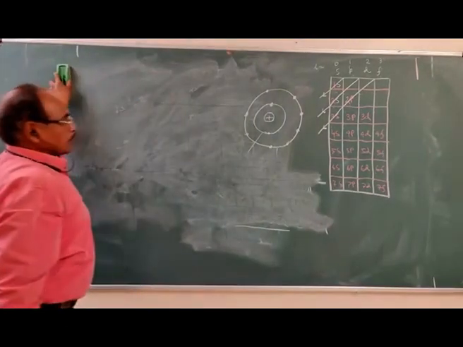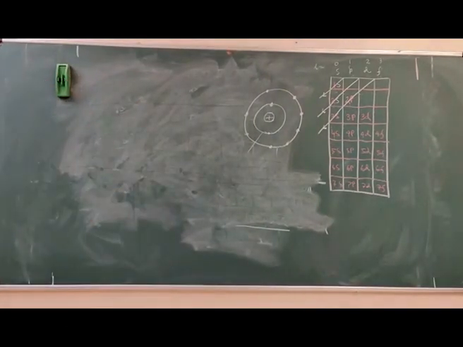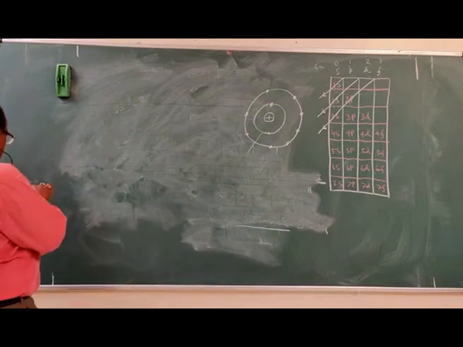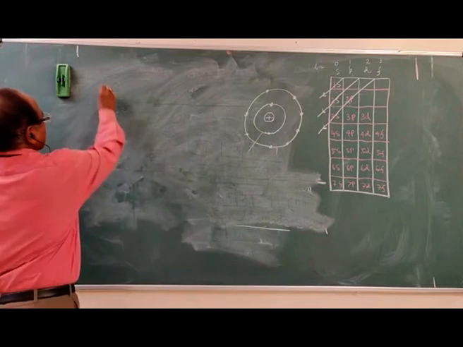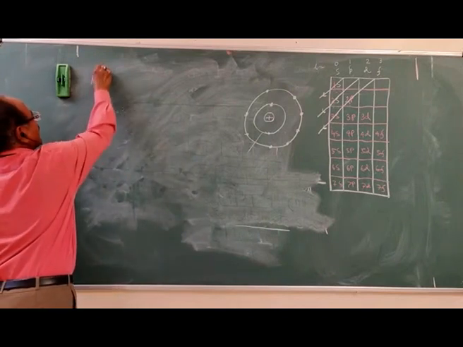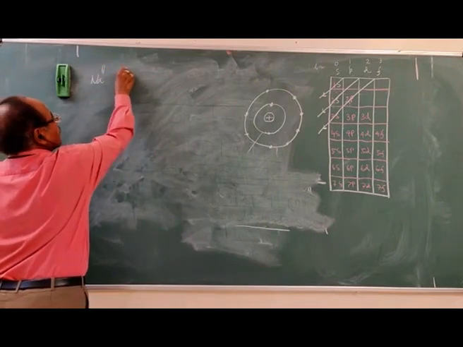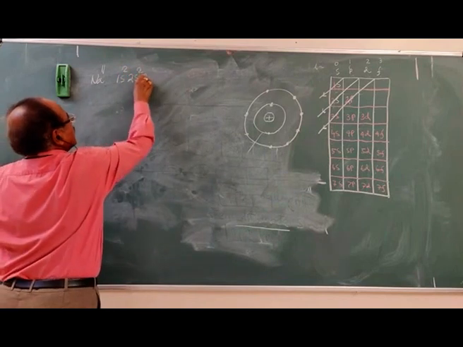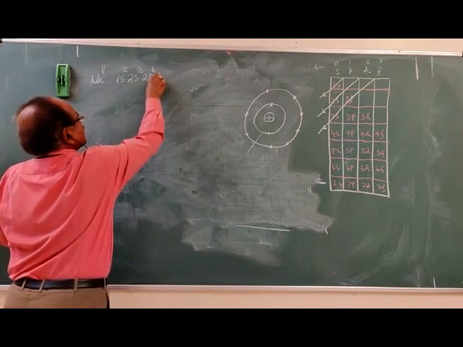As I told you, the principal quantum number indicates the outermost shell, the valence shell of the atom of the element. Hence, now we come to 3s1. This is sodium, atomic number 11: 1s2, 2s2, 2p6, 3s1.